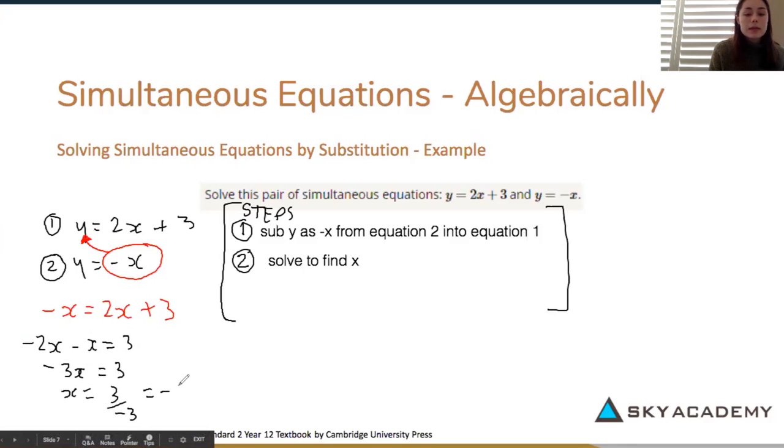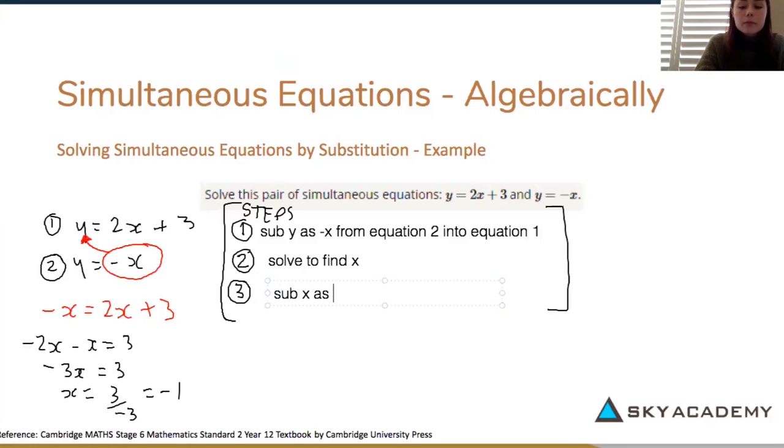So now I have found my x value. I am now going to sub x as negative 1 into equation 1 to solve for y. So let's do step 3.